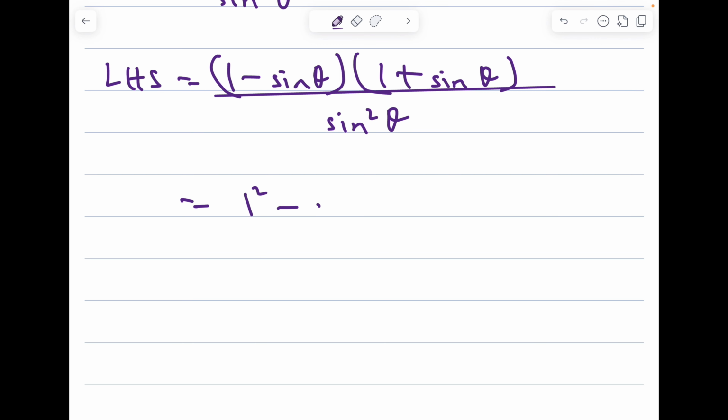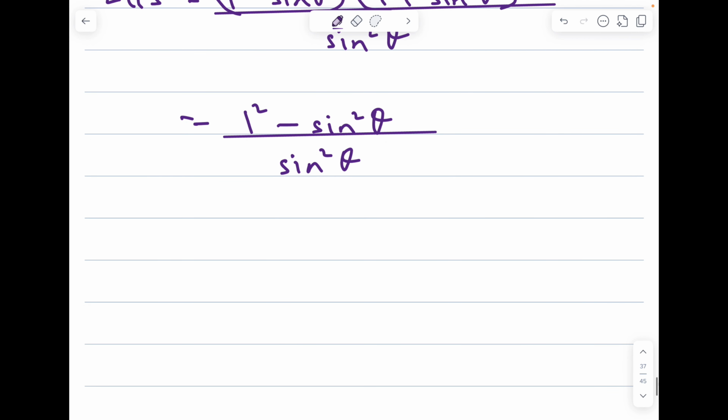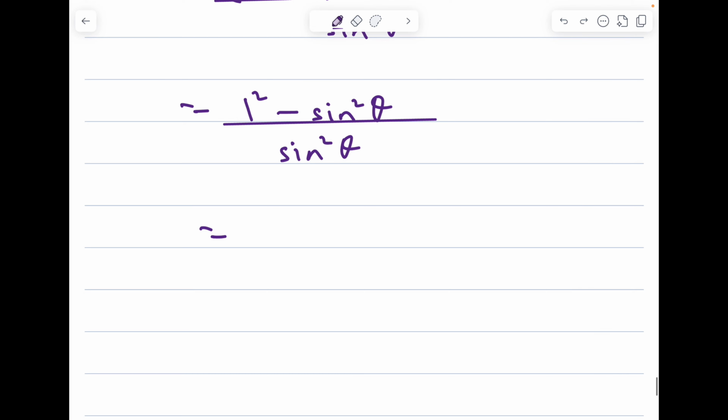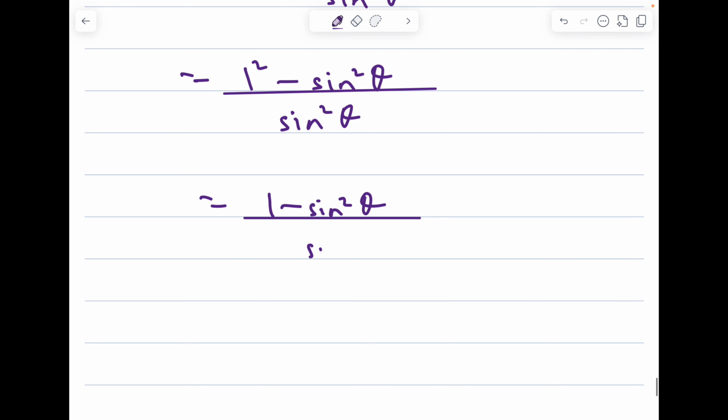It's the same as 1 square minus the square of sine theta all over sine square theta. And that simply means, of course, 1 square is the same as 1, so we can just leave it as 1 minus sine square theta over sine square theta.